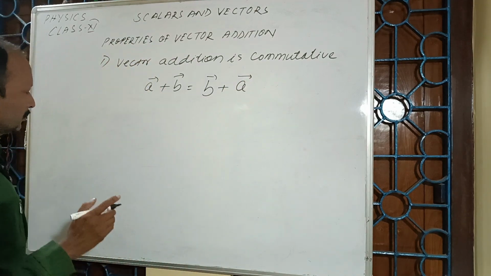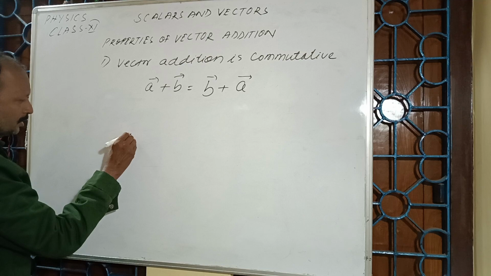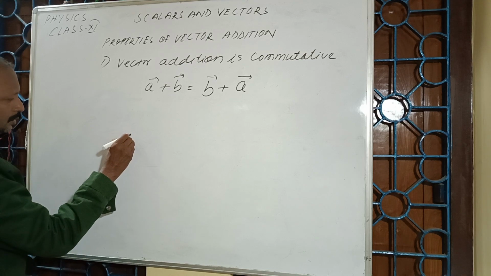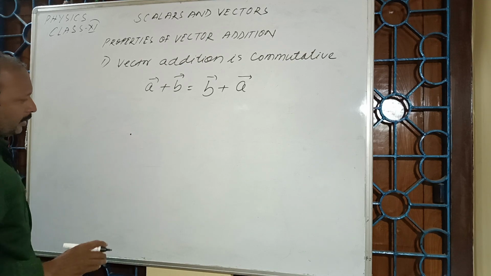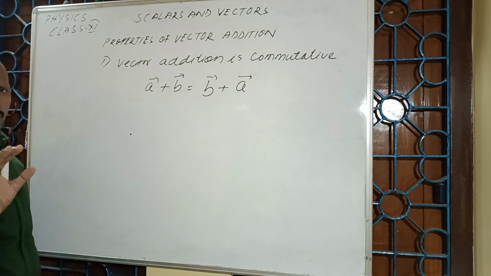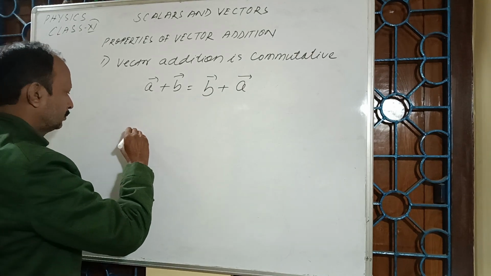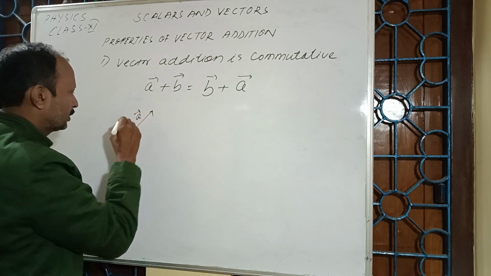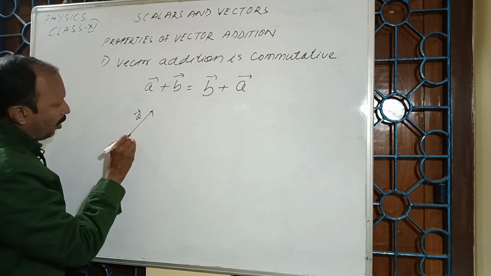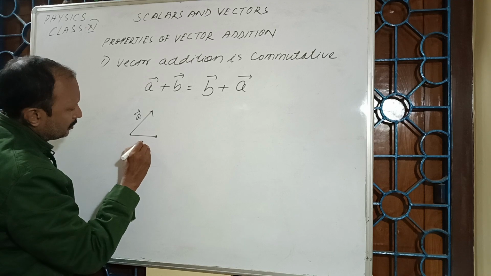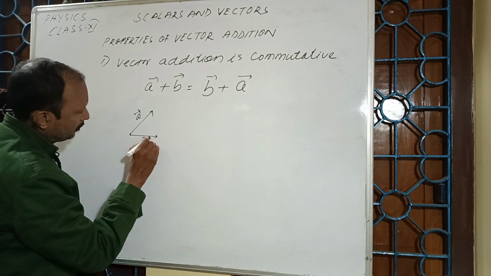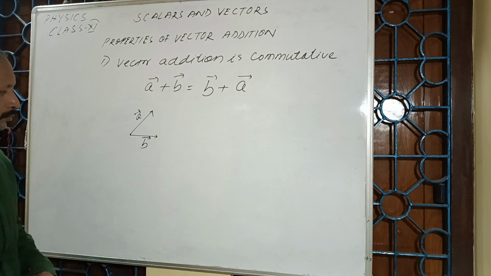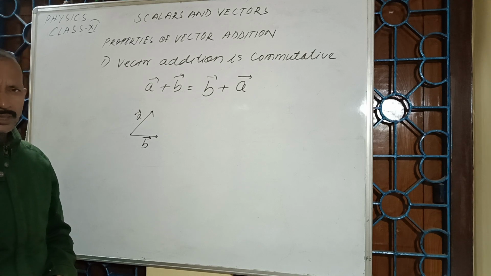Let us see here. Suppose this is a point. At this point, two forces are acting. One in this direction, that is vector A. One in this direction, this is vector B. Let us see.